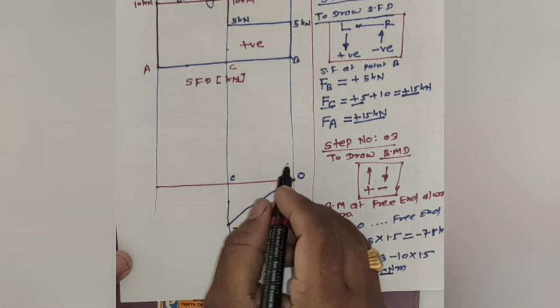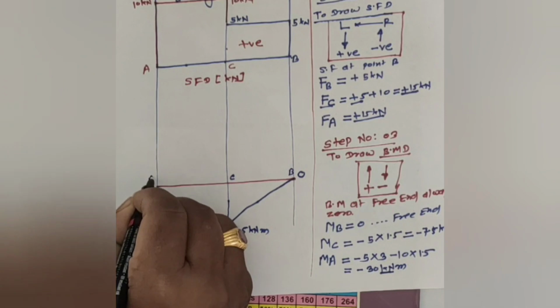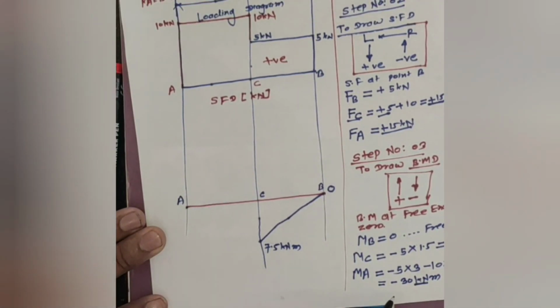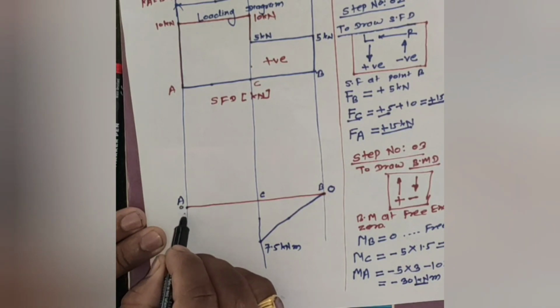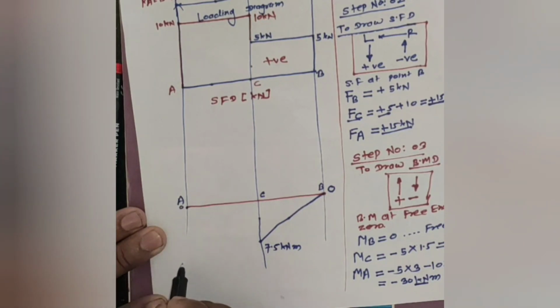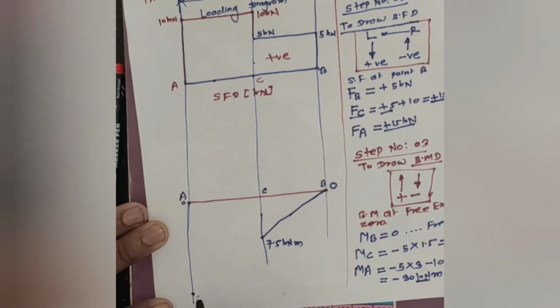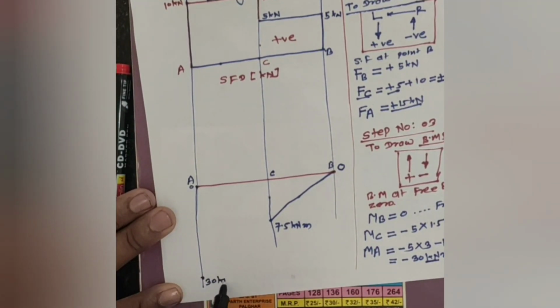Minus 30. From point A, below the baseline, take 0, 10, 20 and 30. On that line take 30 kilonewton meter. Why am I not taking the minus sign?